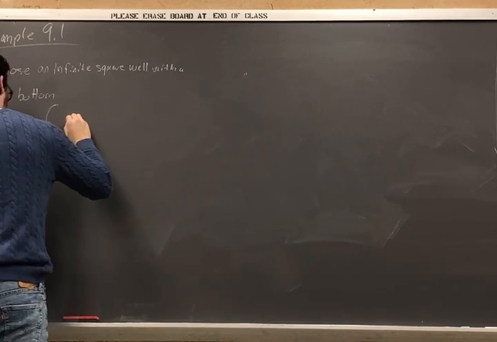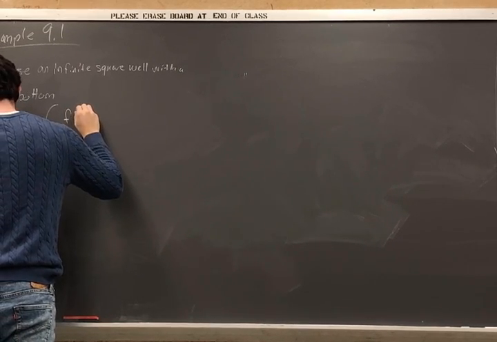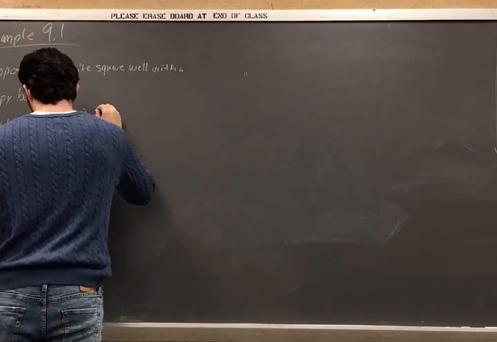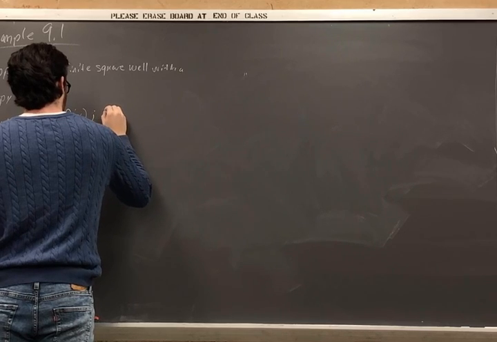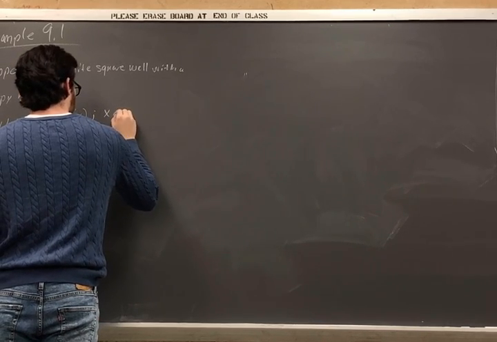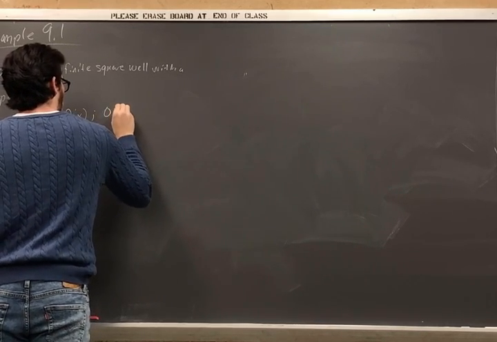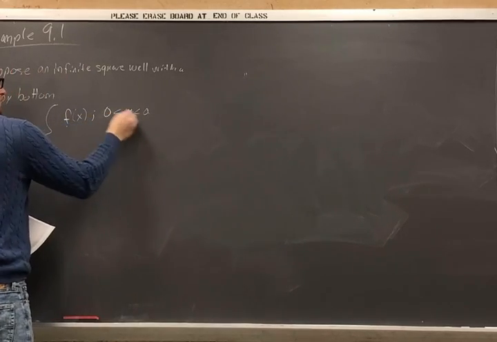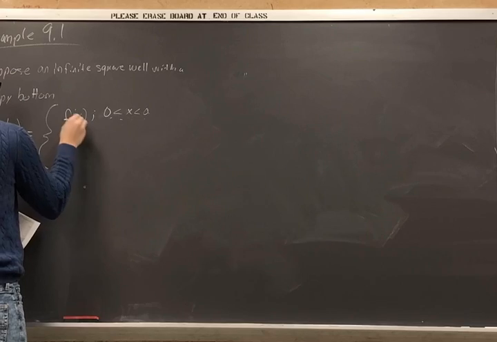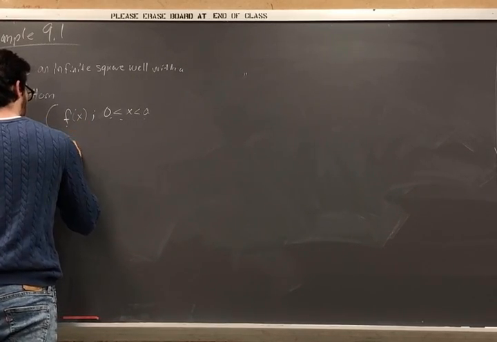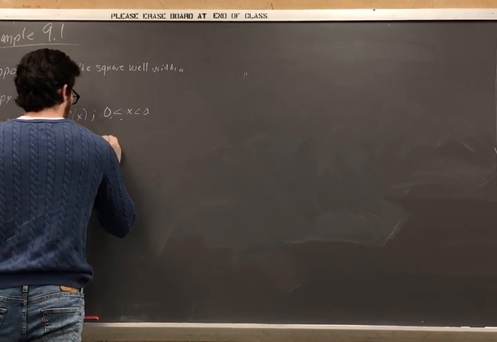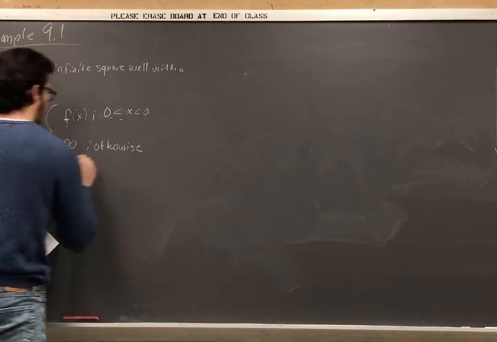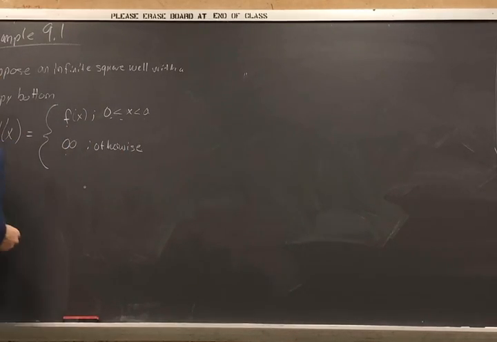We have some function here, f of x, right? Some function where x is in the well, we have this weird function, but outside the well, we have this infinite square well thing.